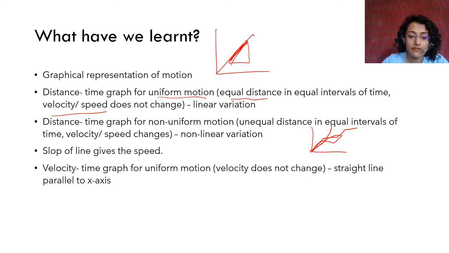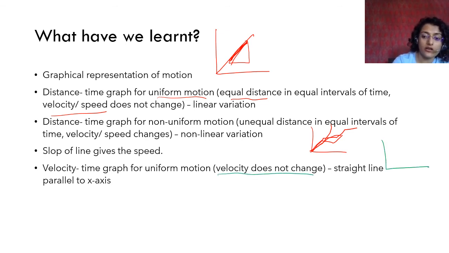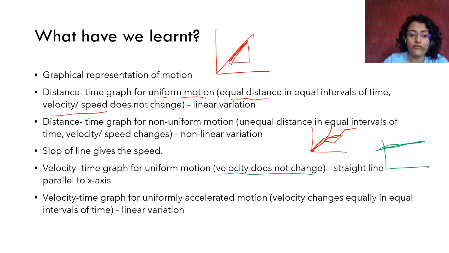Velocity time graph for uniform motion, where the velocity does not change, is a straight line parallel to the x-axis. Where the velocity is not changing, it is constant with time, so it is not changing like this. Velocity time graph for uniformly accelerated motion, where velocity changes equally in equal intervals of time, is a linear variation.